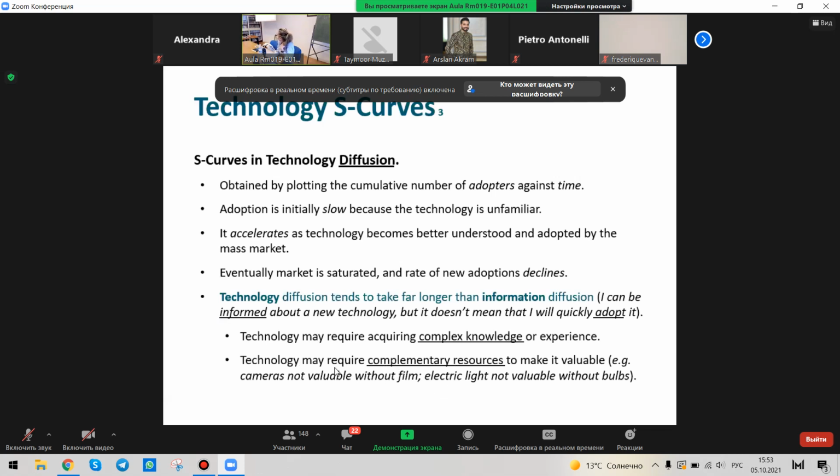And also because technology may require complementary resources. So innovation also in the complementors, or in the modules, or in the components, or in something that can be again complementary. So this means that it completes the offer of a specific innovation. And these two elements can, of course, slow down the process of innovation adoption.